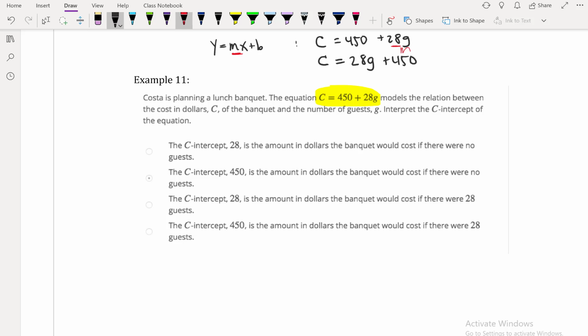So like I mentioned before, the 28 is going to be how much it costs per guest. And remember that b value is your y-intercept. And if you have your y-intercept, then you can think of that as being your initial fee.